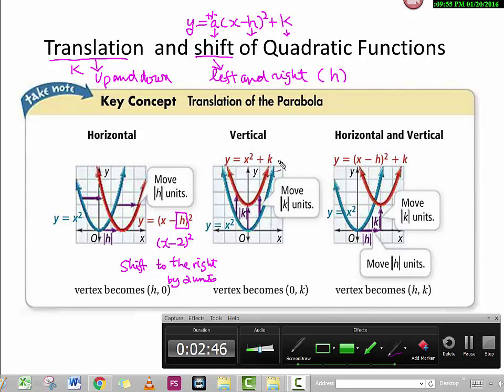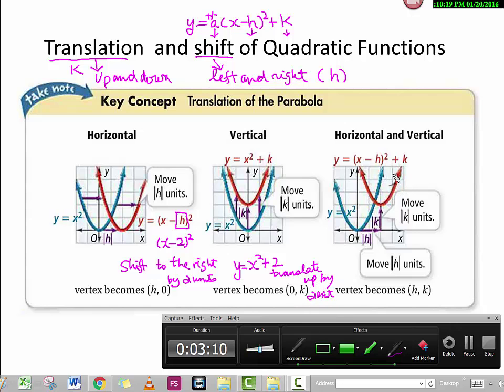How about k? k is a little bit easier now. k controls the movement of up and down. In this case, the blue is the parent function. If you say x squared plus 2, for example, that means it translates up by 2 units.